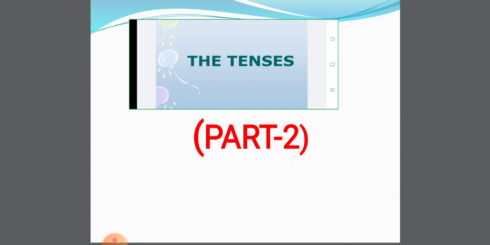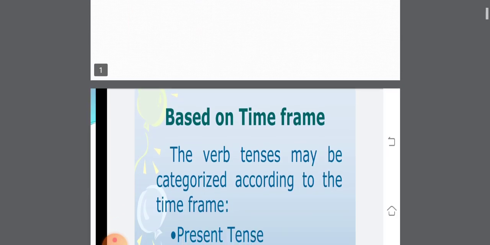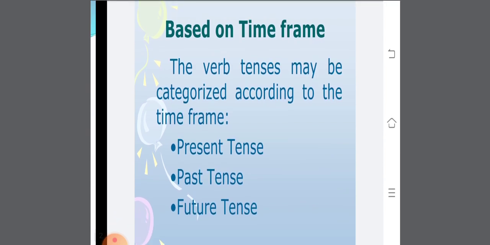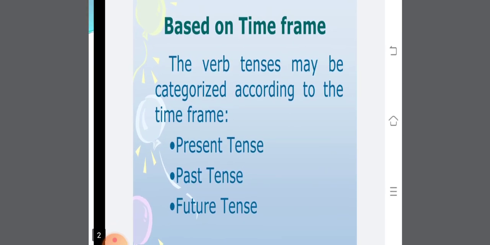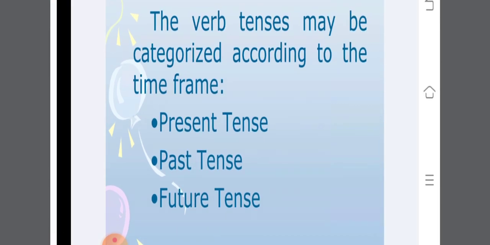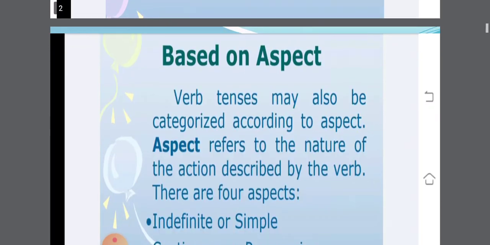So in my last class, what we have seen is that tenses may be categorized broadly according to the time frame: present tense, past tense and future tense.